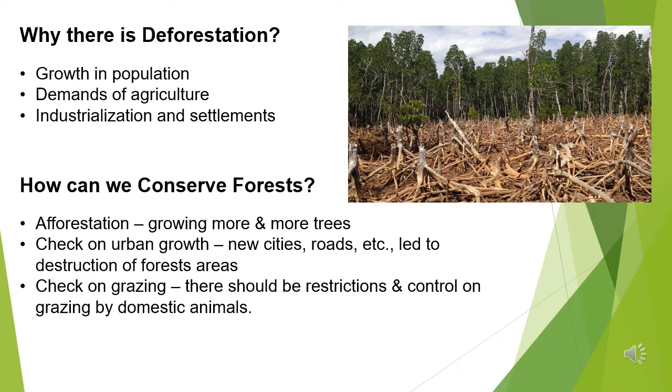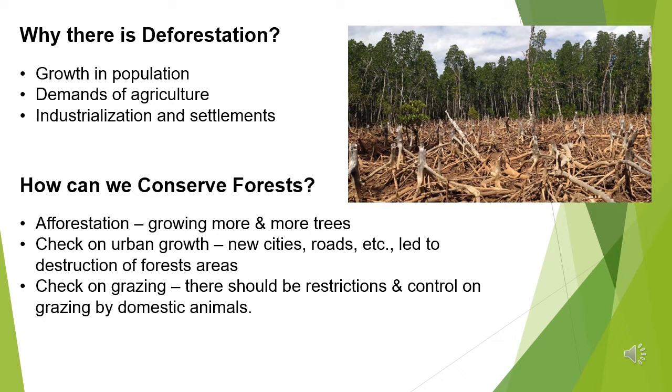Then check on grazing. There should be restrictions and control on grazing by domestic animals. Overgrazing on a particular land leads to depletion of the quality of land, and productivity will decrease. So we should control the grazing of domestic animals also.